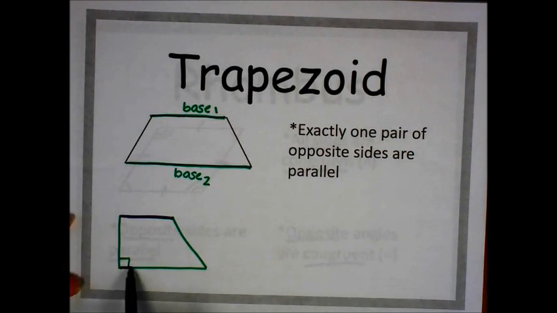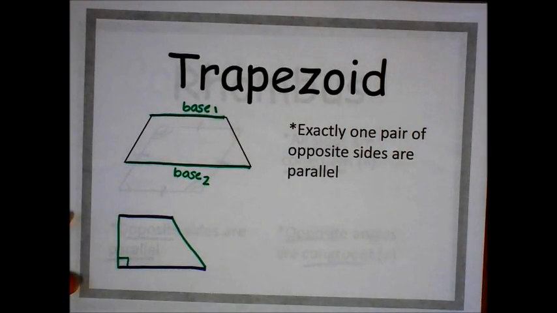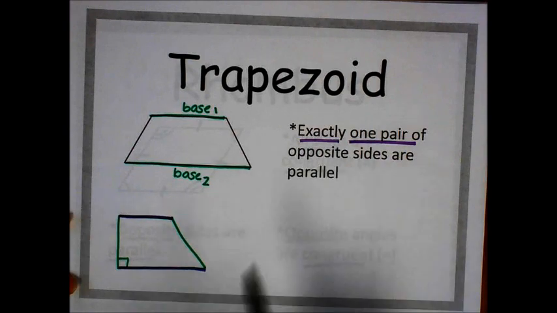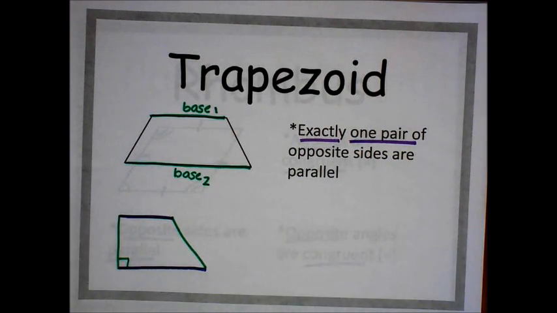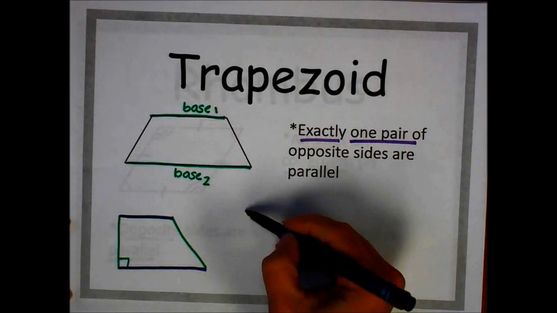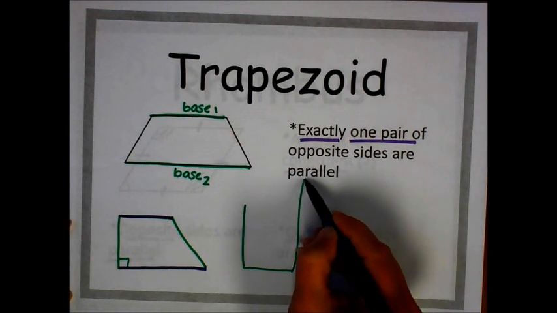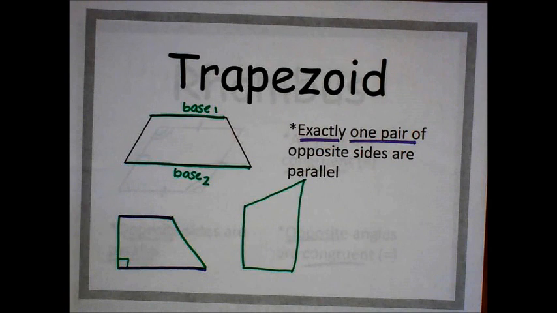The top and the bottom are parallel. The left and right are not parallel. So it has exactly one pair of parallel sides. Please draw this example into your journal.